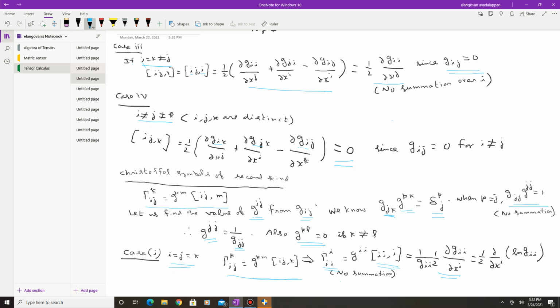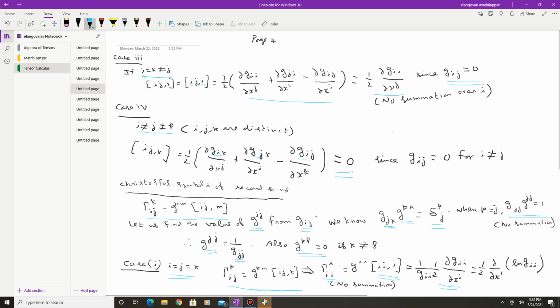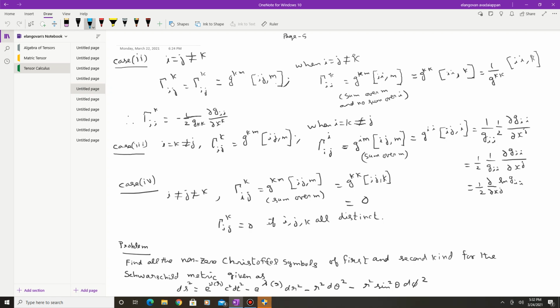Then we will go to the next case, when i is equal to j, which is not equal to k. This is the definition of the Christoffel symbols of the second kind. You put i is equal to j, so i and j are equal, and according to the definition, this becomes like this. Again, you must remember that there is no summation over i.